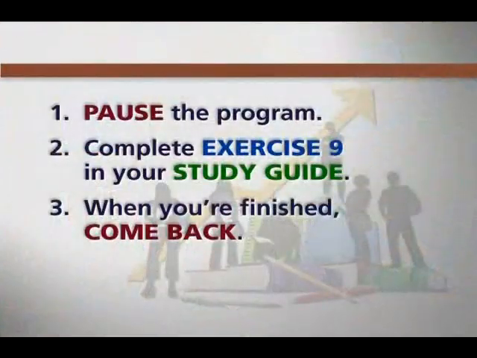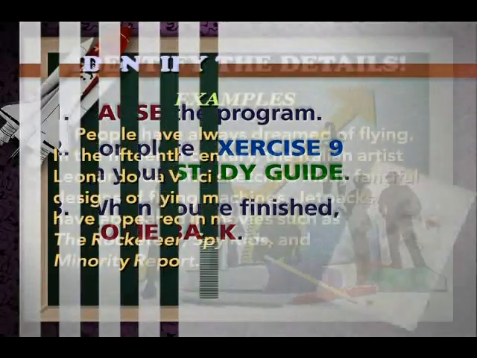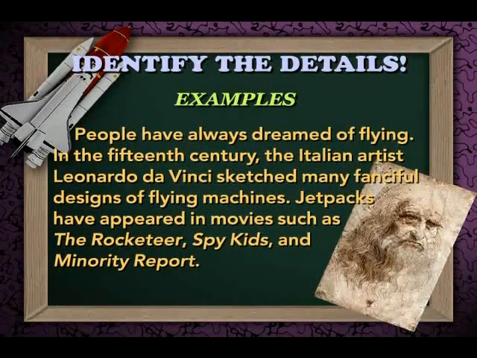So now what I would like you to do is to pause the program and identify the types of details in this paragraph about human flight. Then come back. The details are examples because they give specific illustrations.